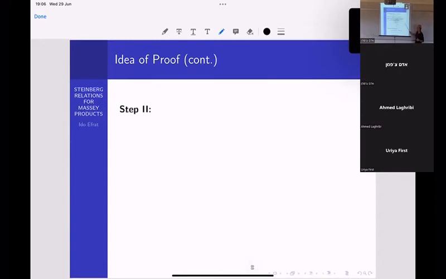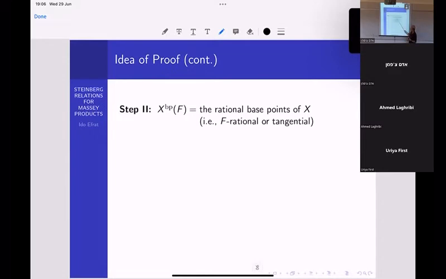Now the second step, this is entirely due to Wickelgren, here I added nothing, I should say. One should look at rational base points of X, which means either every element neither 0 nor 1, or tangent base points.